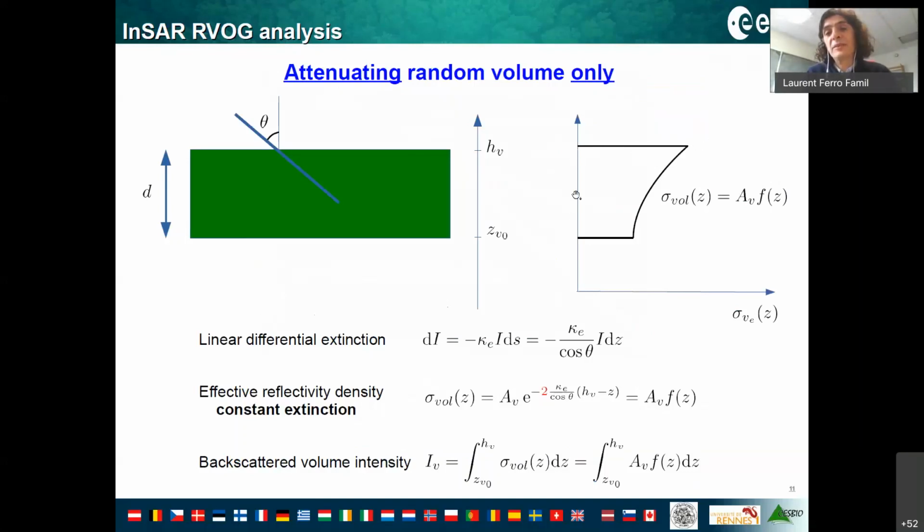The waves are attenuated and cannot penetrate inside the volume, and the volume starts to behave as a surface. You end up with the classical interferometric response of surfaces, so with a null decorrelation, the coherence has a modulus equal to 1. So the physics are preserved, everything is going well.